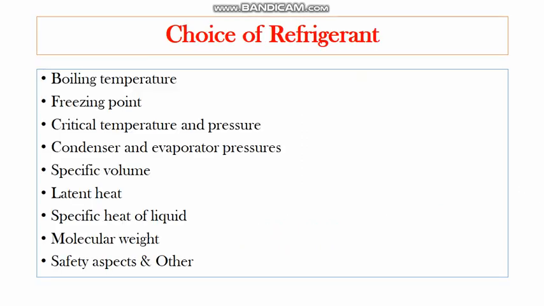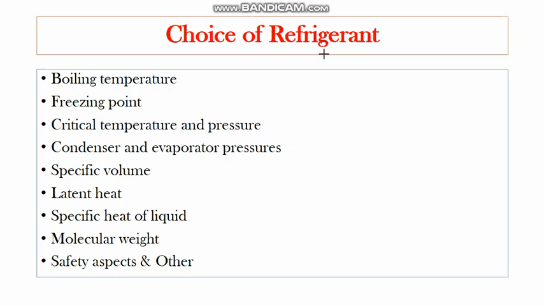Before going to the topic, I'm going to start with one more important question in this unit. That is the choice of refrigerant. It is one of the very repeated questions in this unit. We frequently use Freon 12 as our refrigerant since it is non-toxic, non-flammable and non-explosive, and it doesn't have any bad effects.